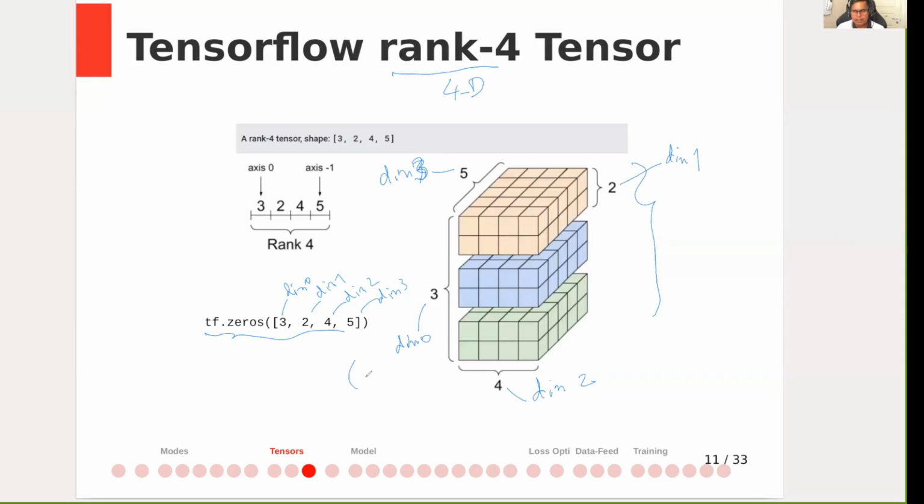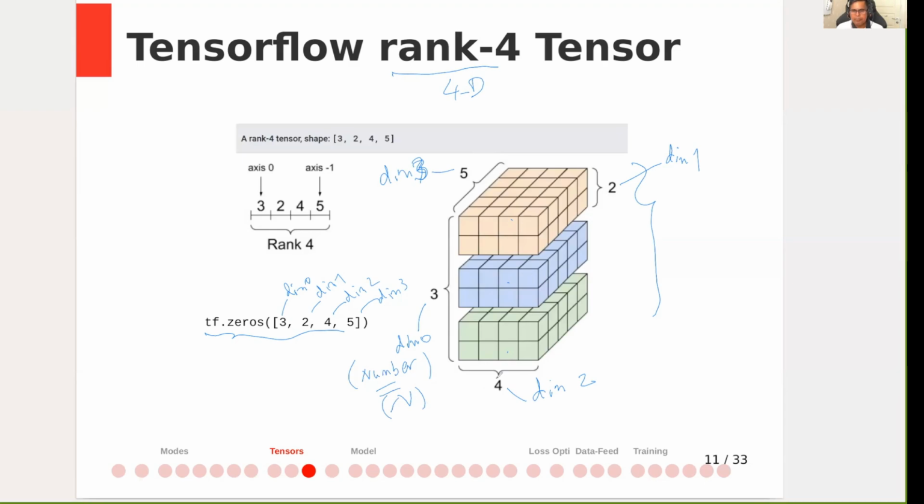This is typically denoted by N, which indicates how many images there are in your tensor. So this tensor, for example, can represent a whole batch of images. Then this is the first image, this is the second image, this is the third image, etc. Then the first dimension, or dimension 0, represents the number of images in your batch.